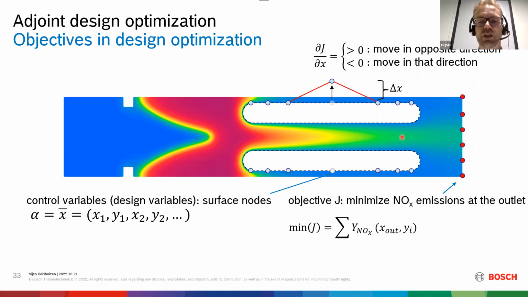In our case, these are the surface nodes of the heat exchanger, specifically the X and Y coordinates of each of the surface nodes. If we now move one node by a distance delta X, and we recompute the CFD solution, then we get a new value for our objective function J, the NOx concentration at the outlet.